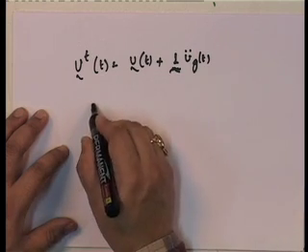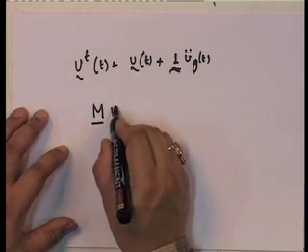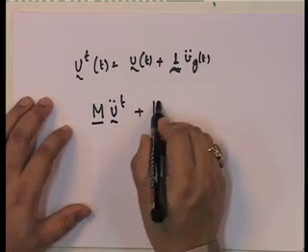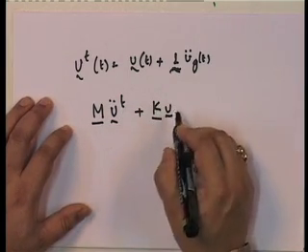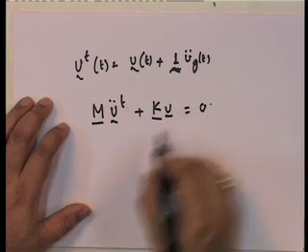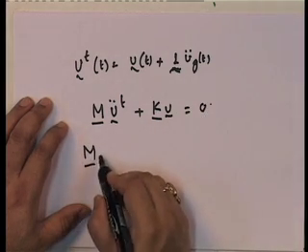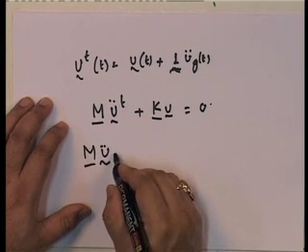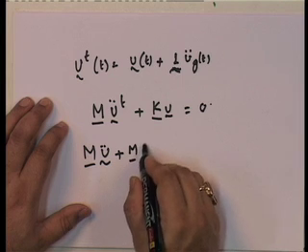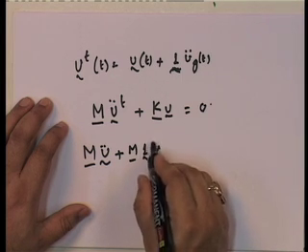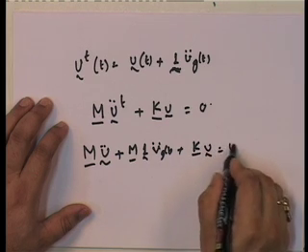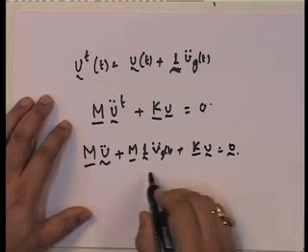Okay. So, if I look at m v double dot t plus k v is equal to 0, this then becomes m v double dot plus m into 1 dot v g t plus k into v is equal to 0. This is an n by 1.